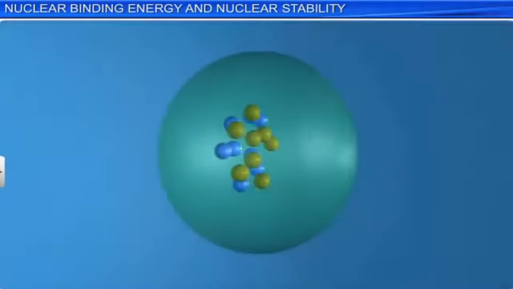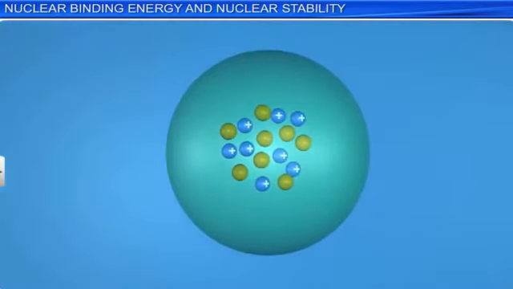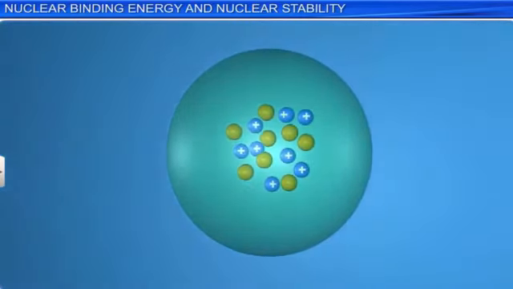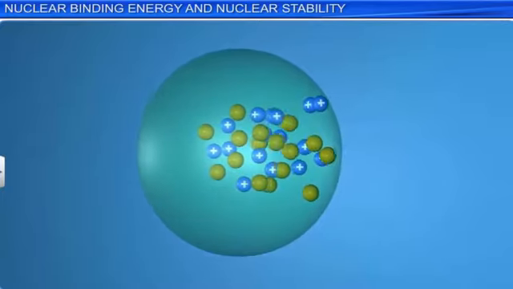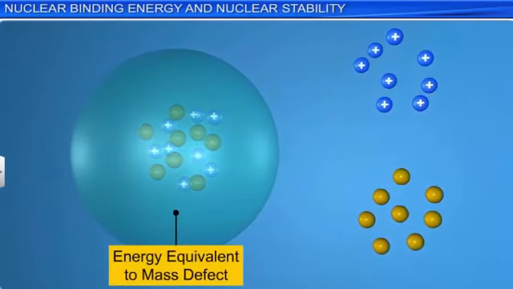Since the mass of the nucleus is less than the sum of the masses of its constituents, there exists a mass defect. Hence, the equivalent energy of the nucleus is less than that of the sum of the equivalent energies of its constituents. If an oxygen nucleus has to be broken up into its constituent protons and neutrons, energy equivalent to the mass defect needs to be supplied.